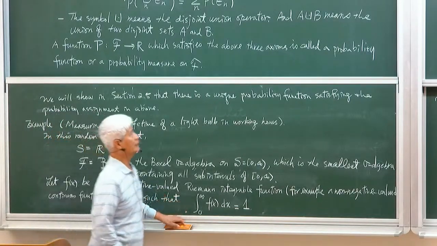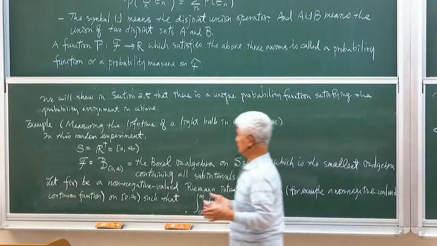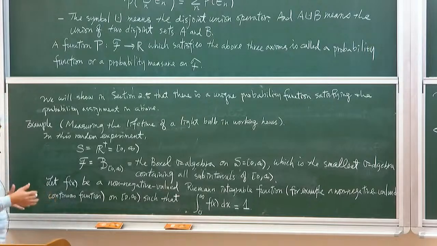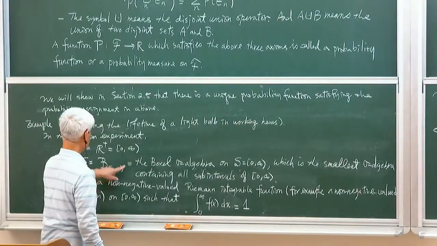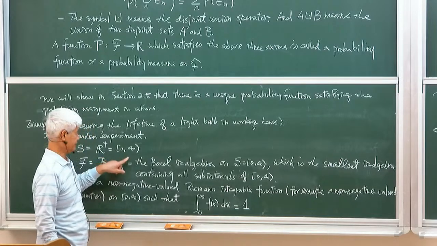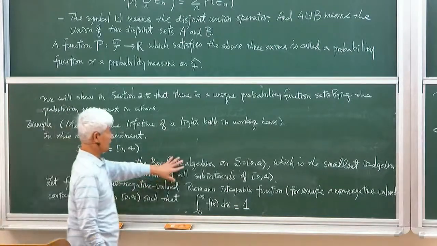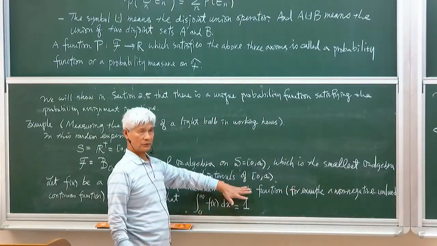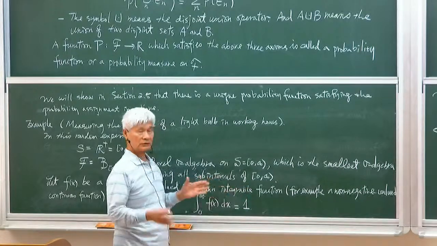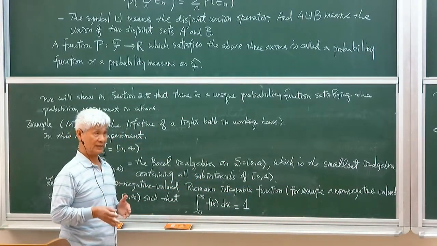Now, the most important events will be subintervals of this infinite interval, because when we construct the sigma algebra, we want the smallest sigma algebra containing all subintervals. So subintervals are the important events we want to investigate.